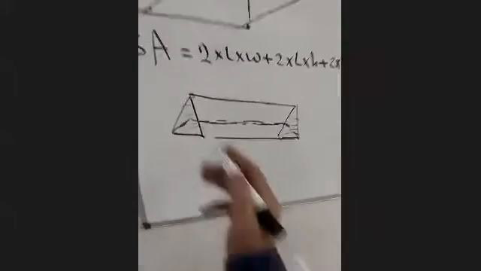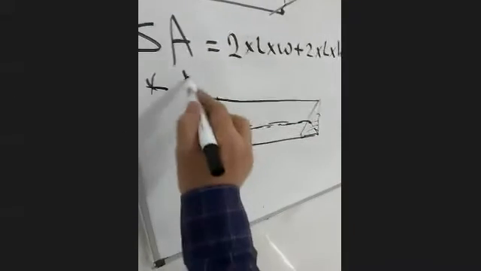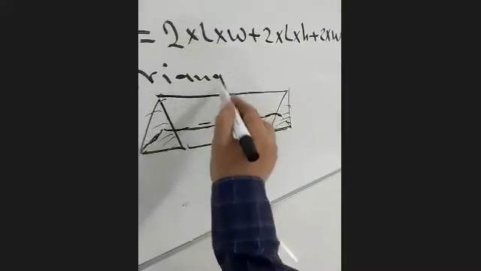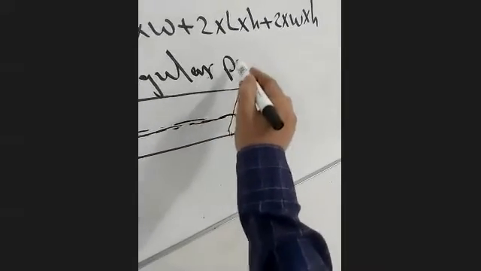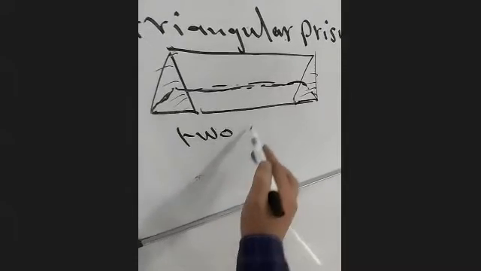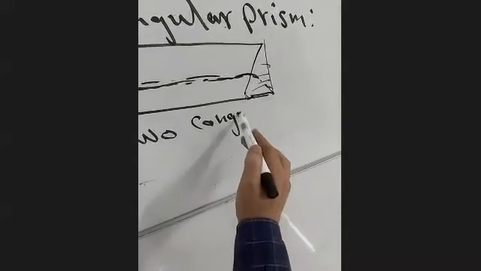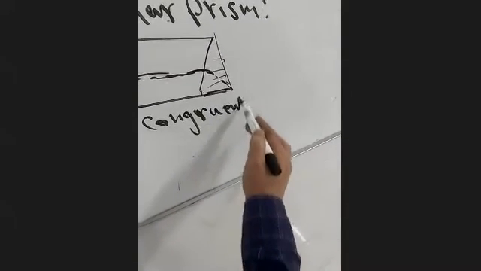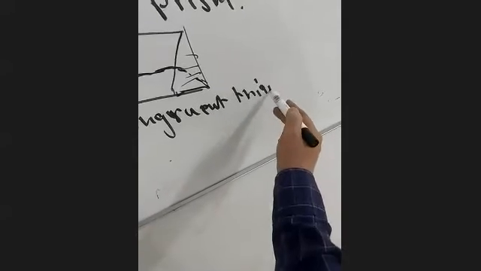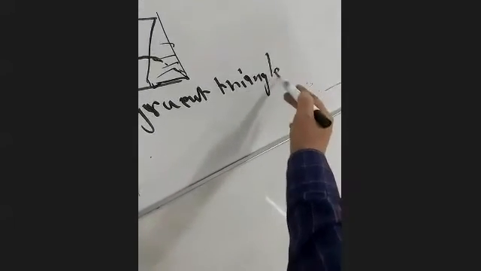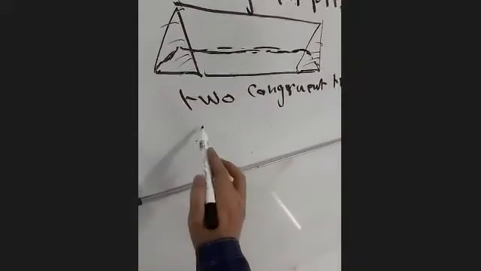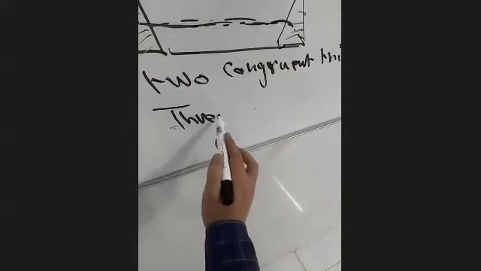So in the triangular prism, what do we have guys? We have 2 congruent triangles, and when I say congruent, I mean they have the same area. 2 congruent triangles and the 3 rectangles.